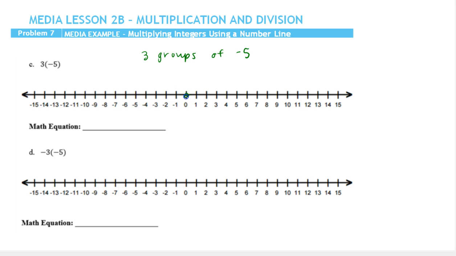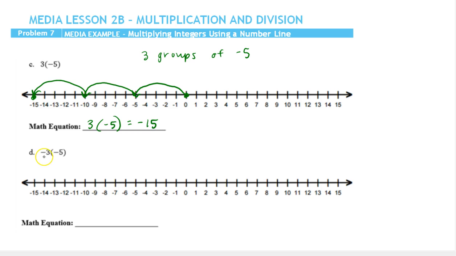So you could think maybe this is up the street from your house, and this is down the street from your house, where 0 is your house, and instead of going this way, you go the other way, which we're going to call the negative direction. So you go 1 group of negative 5, 2 groups of negative 5, and then 3 groups of negative 5. So your end result is at negative 15. So 3 times negative 5 is negative 15.